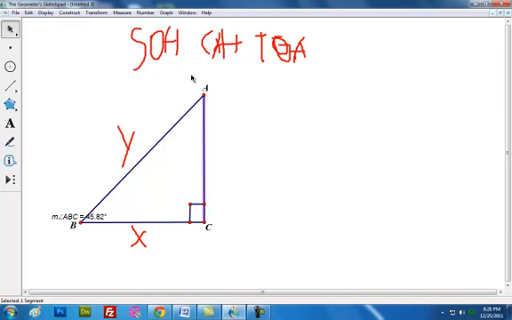So let's say we know AC, 8.41 centimeters, and we want to find x.